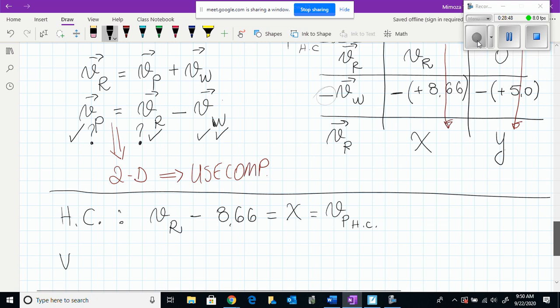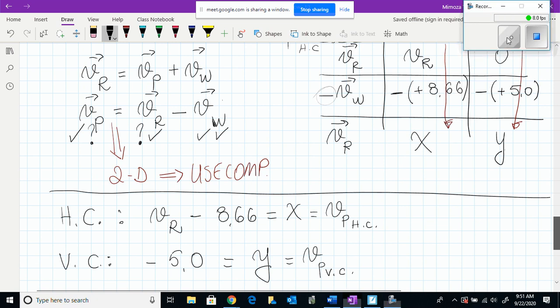And from the vertical component, we have negative 5 is equal to y, because the resultant is 0 here. But y actually is the vertical component of the velocity of the plane.